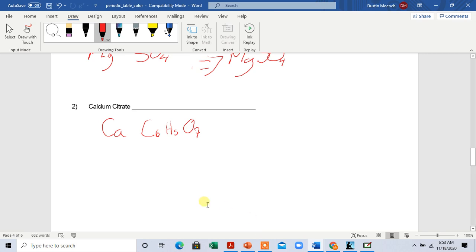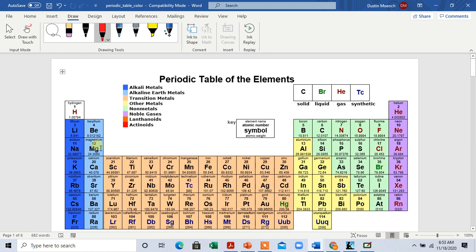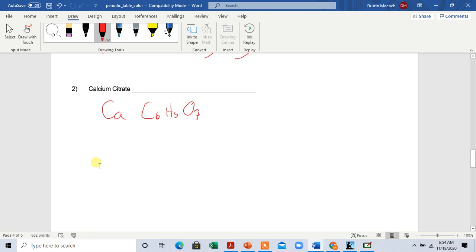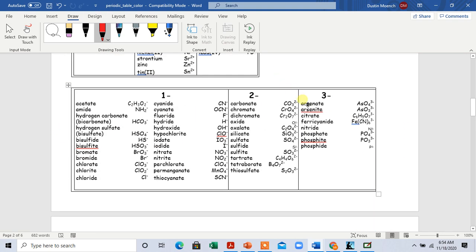Write their charges next to each. So again, calcium, like magnesium, is in the second column, so it's +2. Then looking at the polyatomic ion sheet, citrate, it's -3.